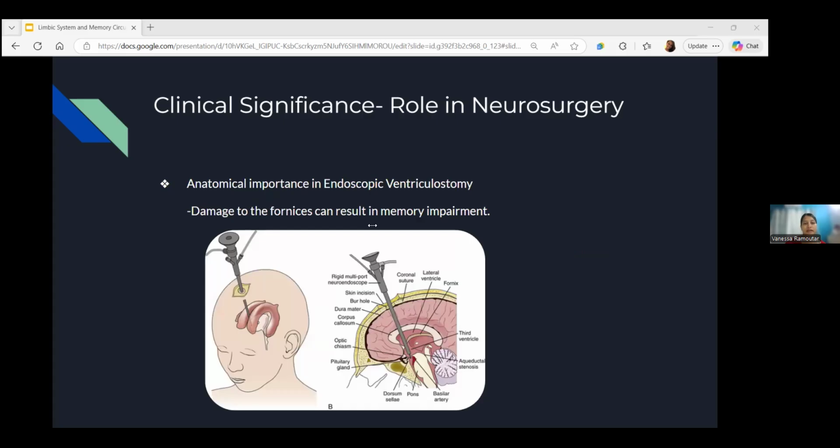One of the important clinical applications of the anatomy described includes the endoscopic third ventriculostomy. During this procedure, as depicted here, the fornices are in close proximity to the ventricles. Damage to bilateral fornices may result in the inability to consolidate short-term memory to long-term memory. At this time, I just want to show a video of an endoscopic third ventriculostomy.